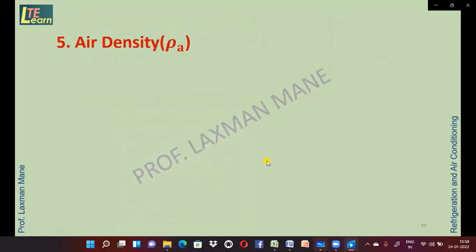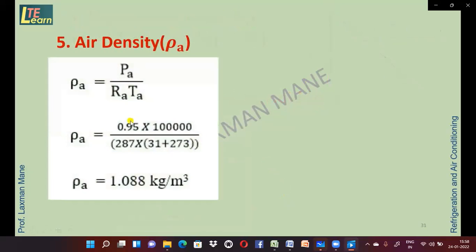Density of air we can obtain by using the formula rho A is equal to P upon RT for air. This is the pressure of atmospheric air, 0.95 bar. Convert it into Pascal or Newton per meter square, so multiply by 10 raised to 5, divided by the gas constant of air Ra in Joule per kg Kelvin.